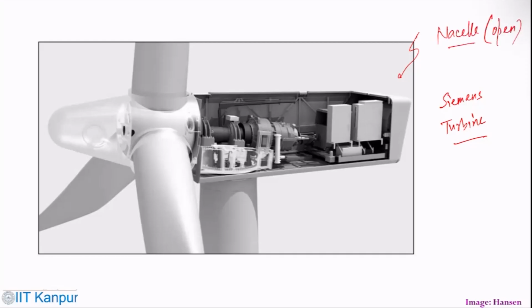That gives you an idea of how it looks and how these blades, through these flanges, are connected with this shaft, and then it connects with the generator, which converts this mechanical rotation to electricity. So that's what this photograph shows.